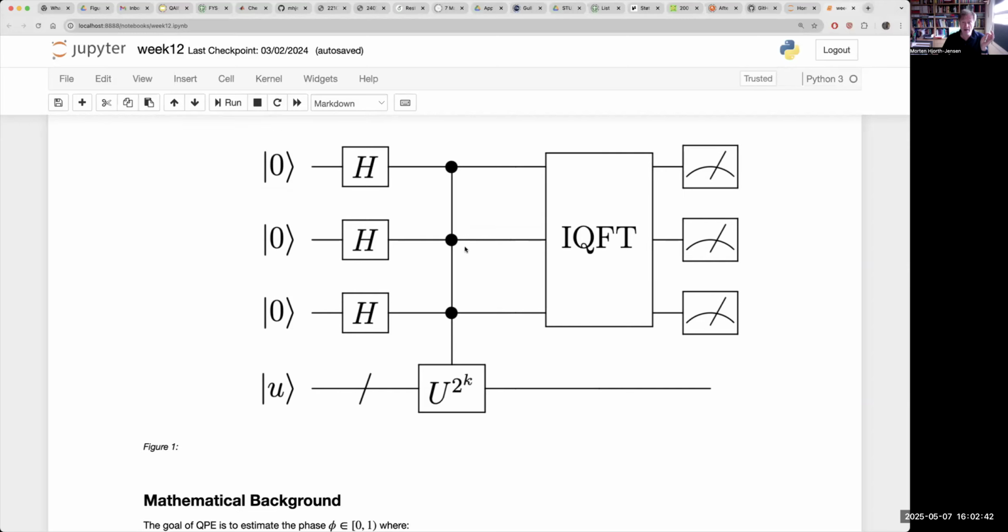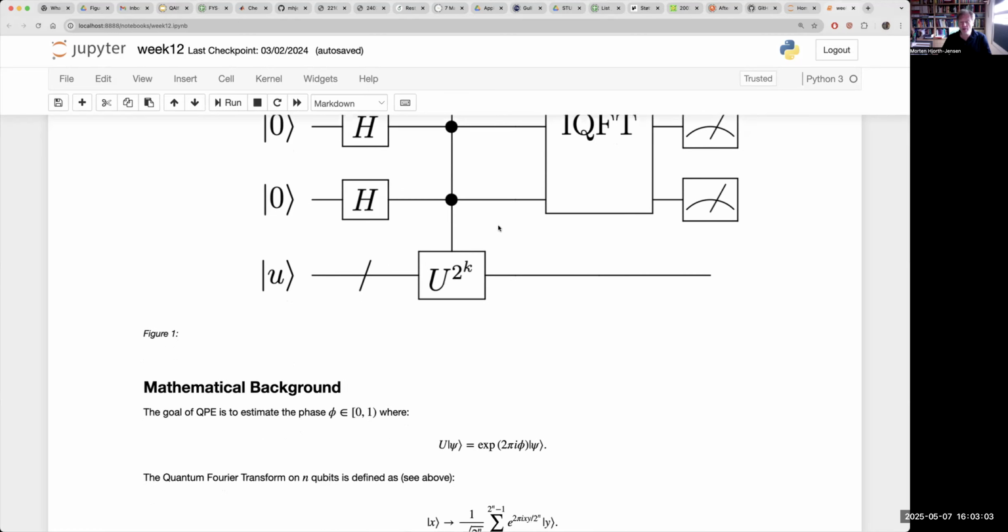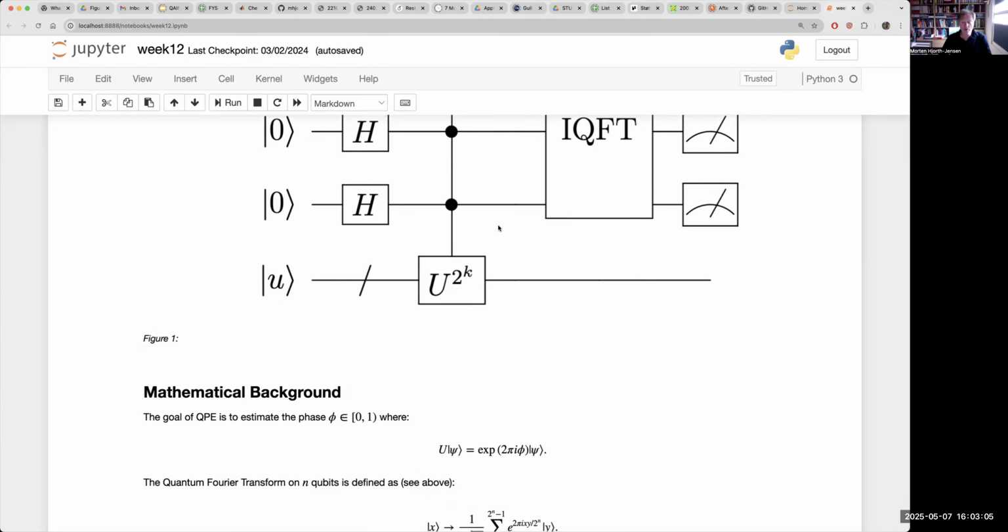Then when we've done that, we will perform an inverse quantum Fourier transform, which, if we have 2 qubits, will include 2 Hadamard gates and a controlled S gate. And when we've done that, we would then perform the measurements on the individual qubits. And when we have the measurements, then we find the values of the given qubits.